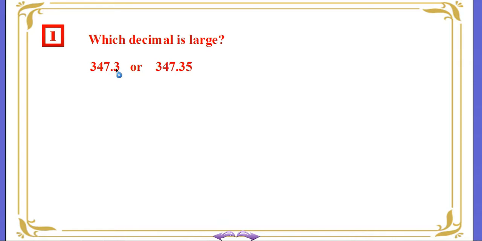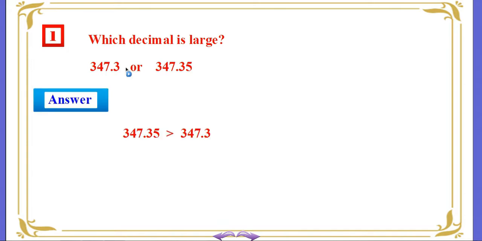Continue, 3 equals 3. Here, there is no digit, which means it is 0. It is less than 5, so the larger number is 347.35. So the answer is 347.35. We continue to solve exercise 2.